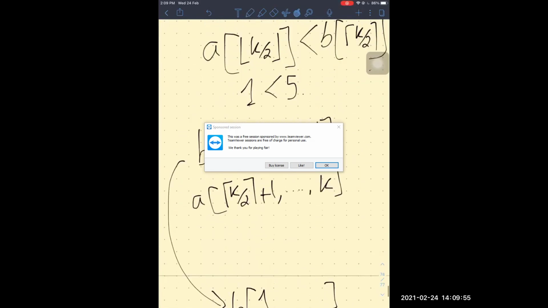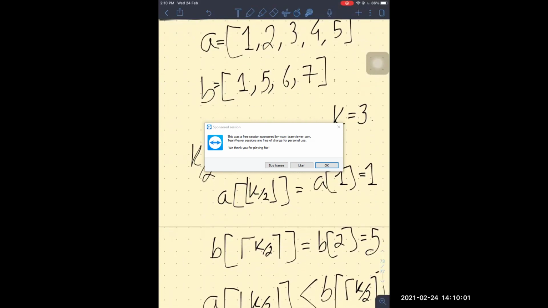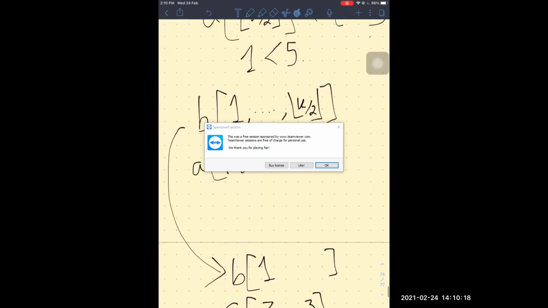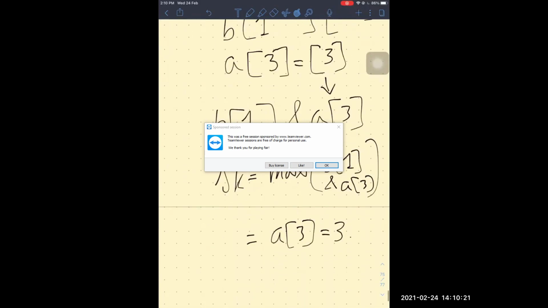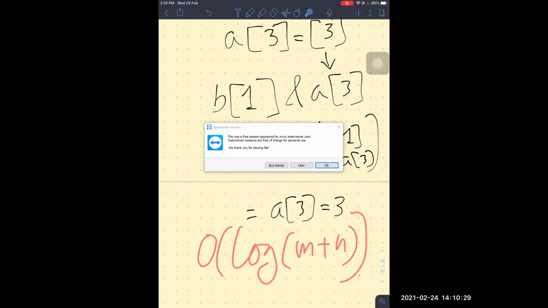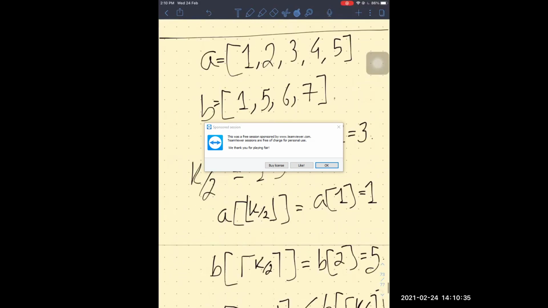So here, as you can see, the third smallest element for the union of these two arrays is 3. So that way this algorithm can identify the kth smallest element in big O of log m plus n time. Is it kind of clear from this example how we are applying this algorithm?